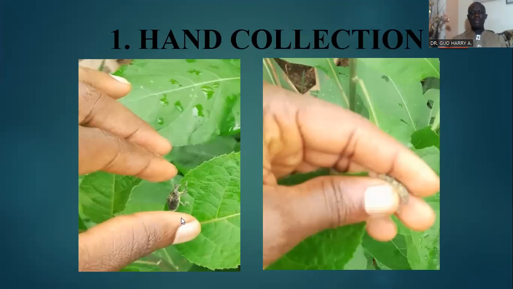For example, this small insect that's associated with bitter leaves, the bitter leaf weevil, can be collected with the aid of the hand. Usually, it's advisable to put on hand gloves, but where the insect is known to be non-toxic, bare hands can be used to collect such insects on sight.